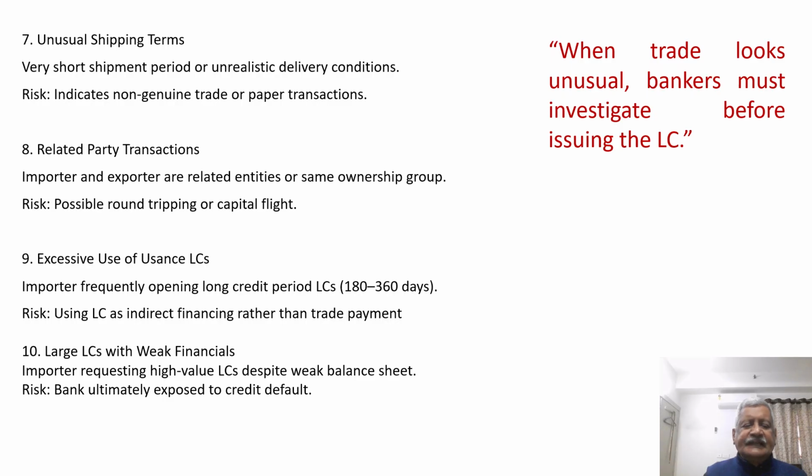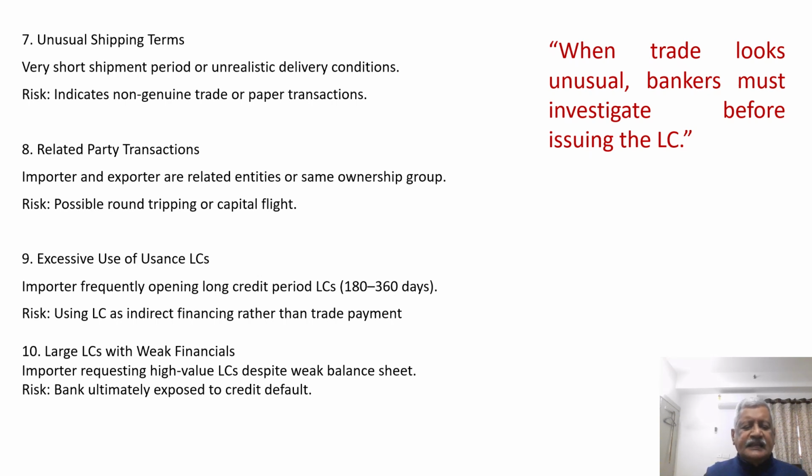8. Related party transactions. Importer and exporter are related entities or same ownership groups. Risk: possible round tripping or capital flight. 9. Excessive use of usance LCs. Importer frequently opening long credit period LCs, 180 to 360 days.